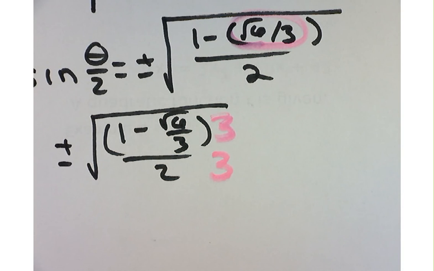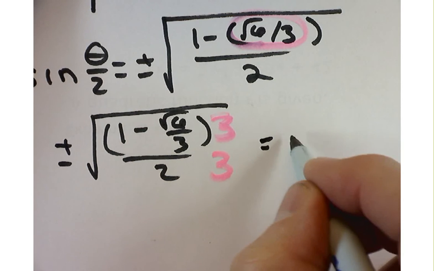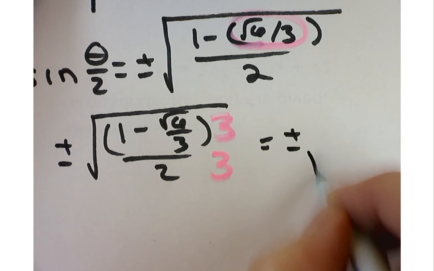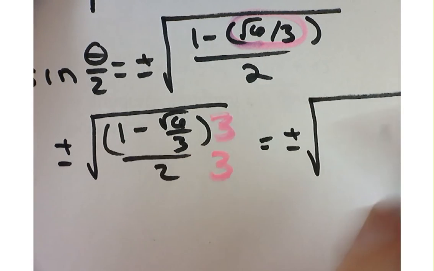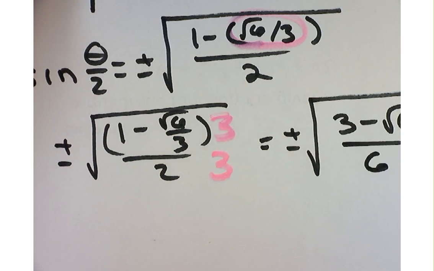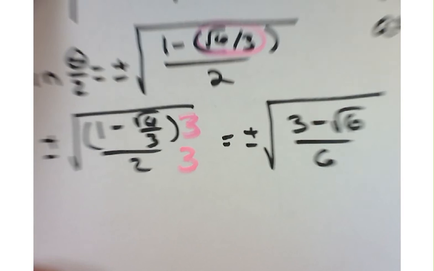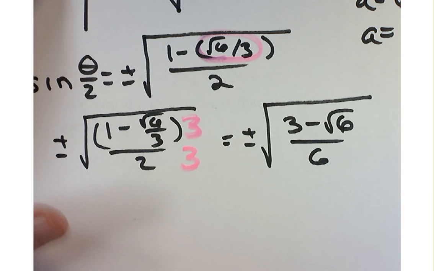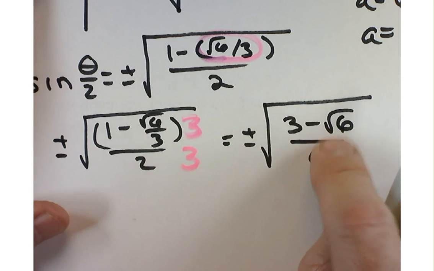Thank you. So that's going to give me plus or minus the square root of 3 minus the square root of 6 over 6. I could rationalize this, but it's really starting to look pretty ugly as it is. So I'm going to leave it like this.